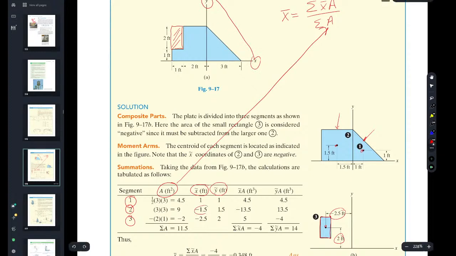So this is why there is a minus here, and a minus here, and there's not a minus in the y, because the whole thing is above the y plane, or the y equals 0 line there. So you have to respect the coordinate system. But notice what happens here. In segment 3, he delineates this as being a minus area, meaning you're sucking it out of there. You're subtracting it out.